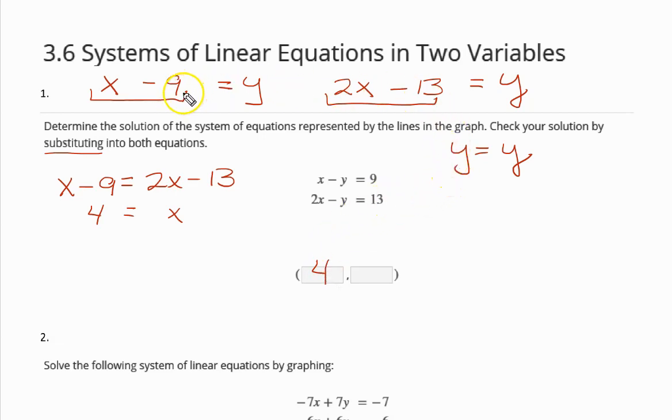Now, we can go to this equation up here, and we're going to put there a 4. So 4 minus 9, just substituting, equals y. So this is going to be a negative 5. So through substitution, now this is one way of substituting. We showed you another way earlier, and you may use that other method as well.